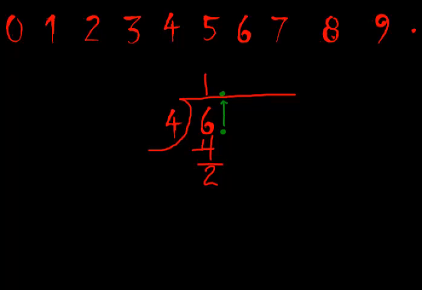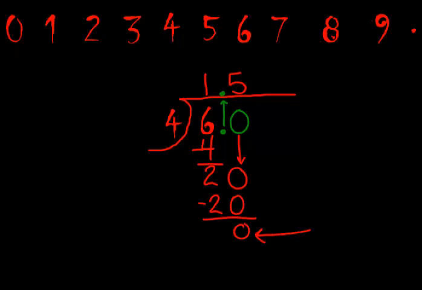Add a 0 and bring that 0 down. Now I can think 4 goes into 20 5 times, and 5 times 4 is 20. So I subtract, and I'm at 0. Remember, this always has to be 0. Sometimes it won't be, but for our purposes today, it will be.